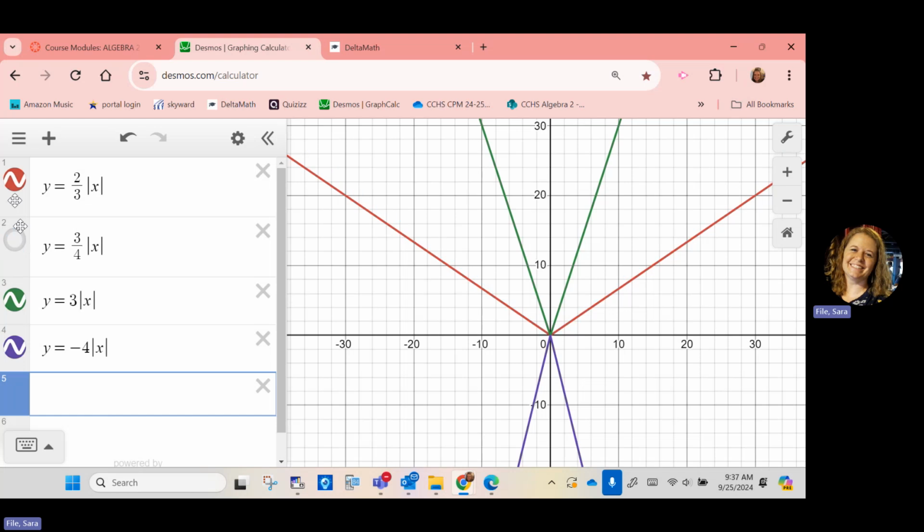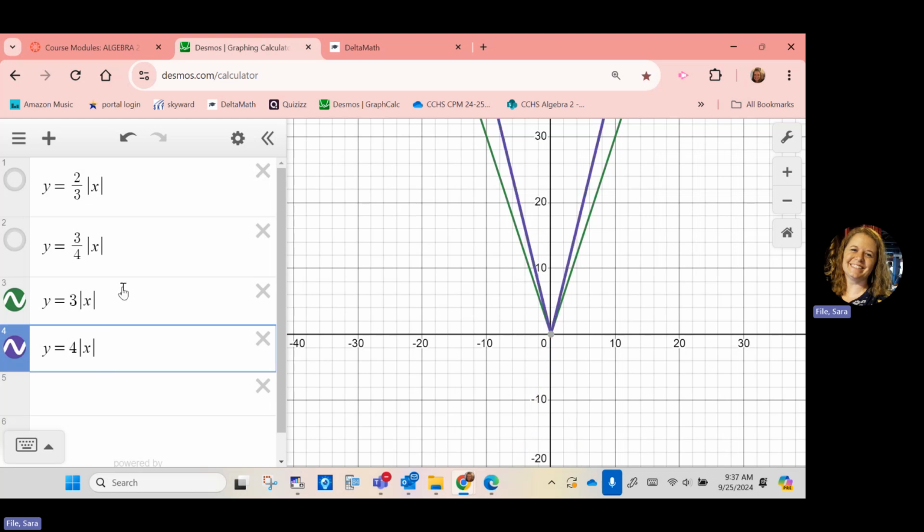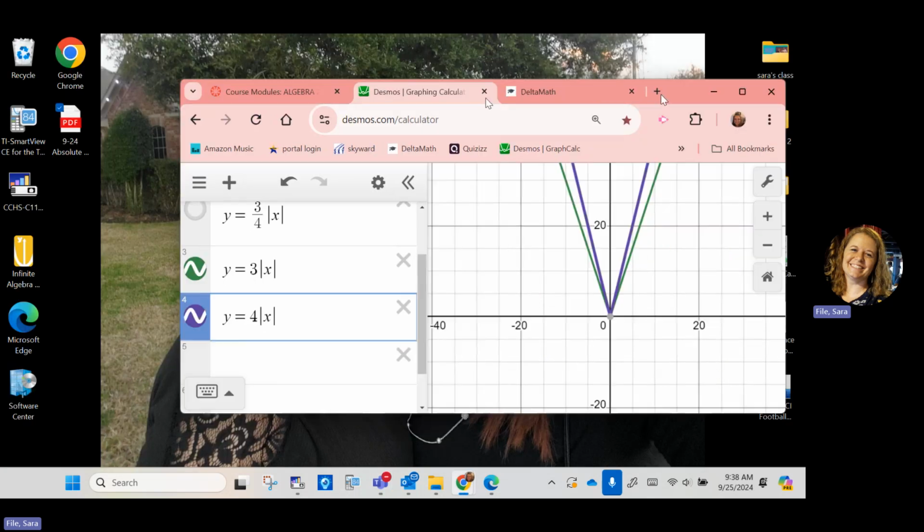If you need to turn off the wider ones to focus, and if you can't tell because one's positive and one's negative, just take the negative off so you can see them side by side. Now you can see the purple one is more narrow, the one that had the 4, because 4 is further away from 0. So you can always look in Desmos to get a visual of those graphs if you need to.